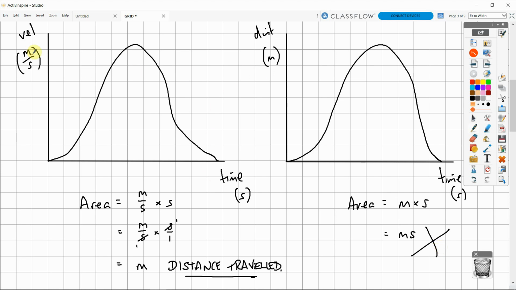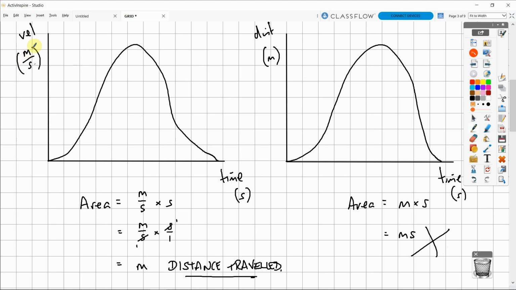So it's worthwhile just doing this little calculation. If you're faced with a question, you can work out for yourself which one produces the meters, which one tells you about the distance. This is useless, this is really useful.